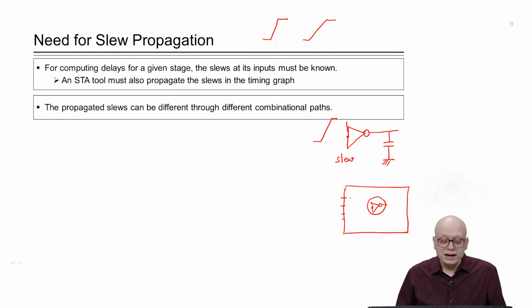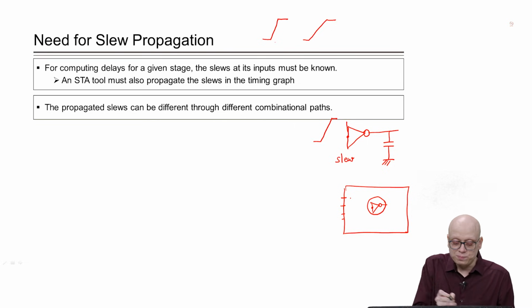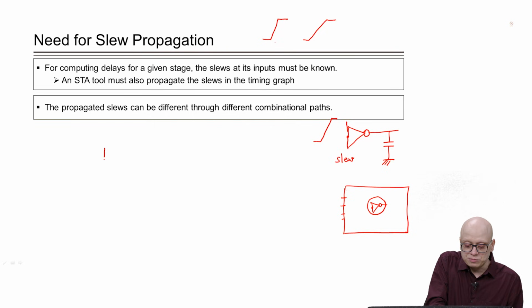Now, the propagated slew can be different through different combinational paths. Let us take a very simple example. Suppose there is a NAND gate with 3 inputs.